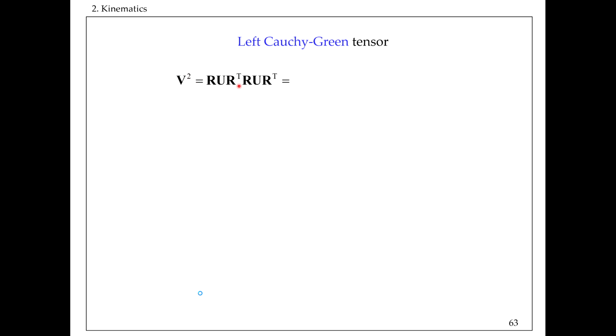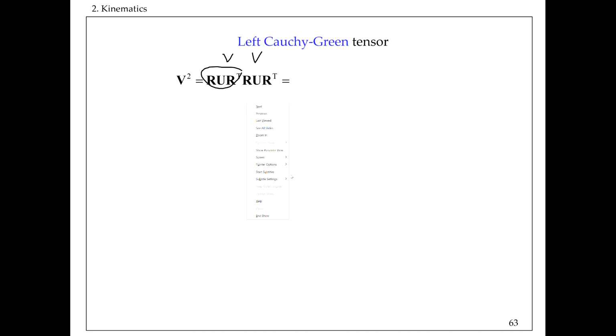So it's basically multiplying V and V again. Let me change the pen. So this is V, right? Multiplying V again, so this is also V. So by our definition of the left stretch tensor, we were able to obtain that.